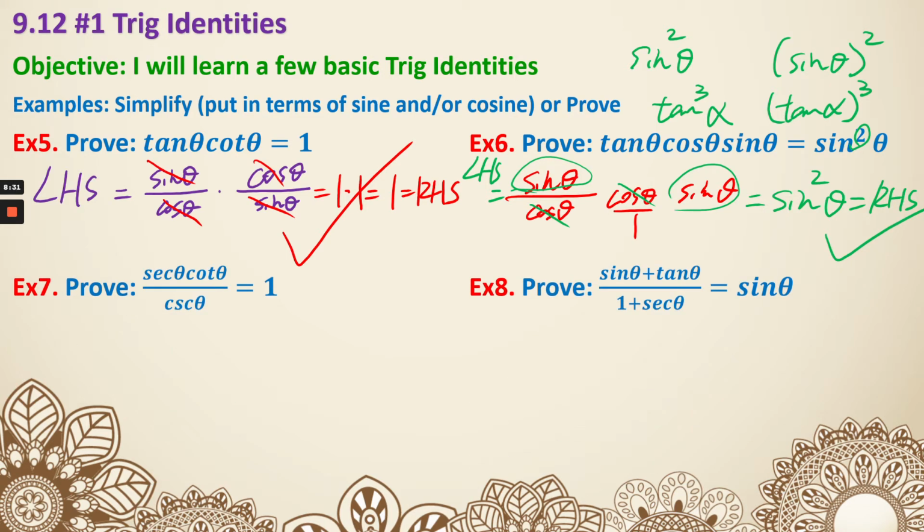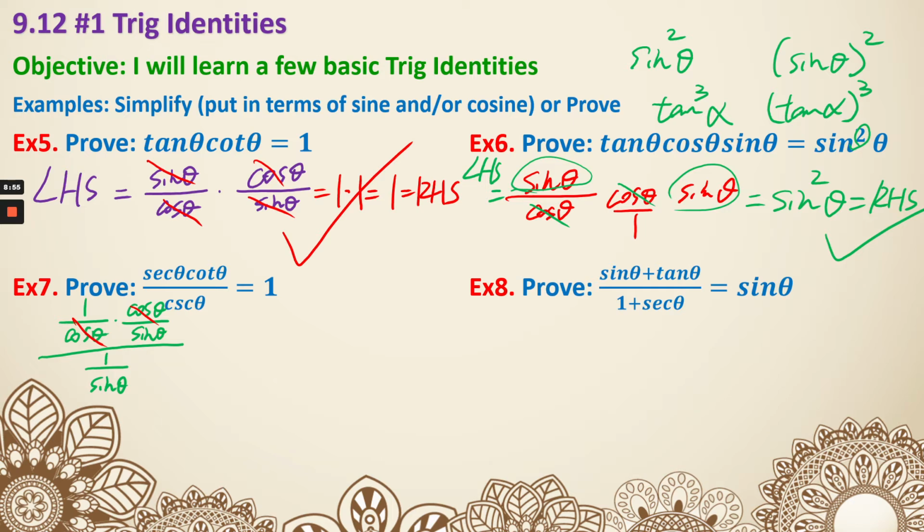Number 7. I'm going to rewrite the top. Secant is 1 over cosine, and cotangent is cosine over sine. And the whole thing is going to be over cosecant, which is 1 over sine. I can cross cancel the cosine. Then you may notice the top now becomes 1 over sine.